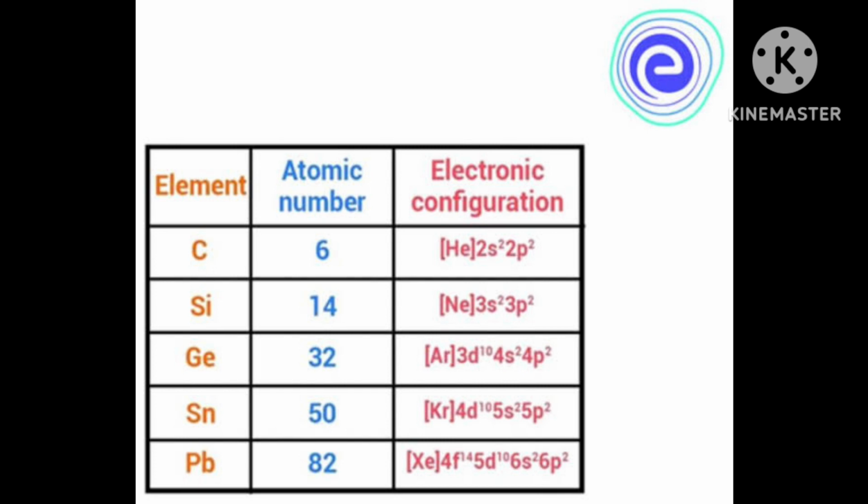Here, four types of ionization energy are possible, because the oxidation state goes up to +4; +2 is also there, +4 is also there, meaning a maximum of four electrons can be removed.